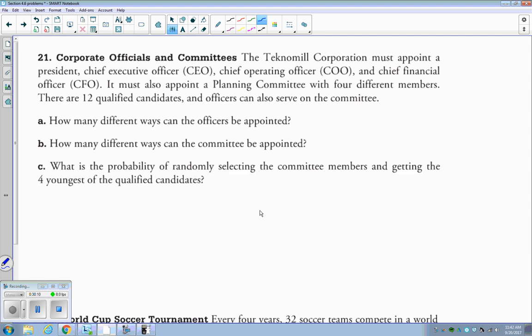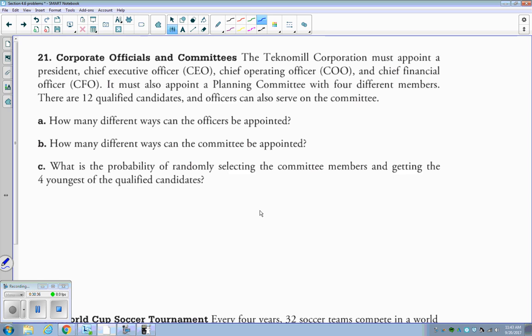So the Technomill Corporation must appoint a president, a chief executive officer, a chief operating officer, and a chief financial officer. It must also appoint a planning committee with 4 different members. There are 12 qualified candidates, and officers can serve on the committee.